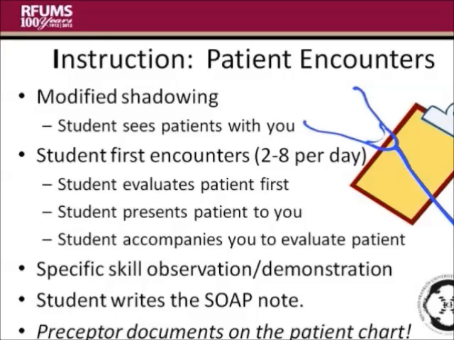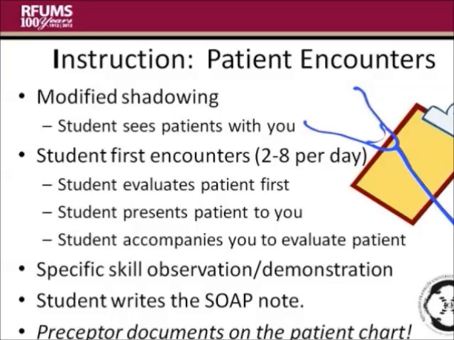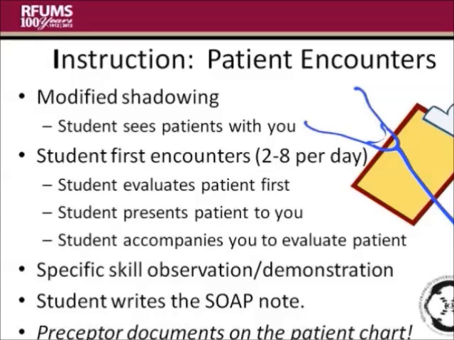So they've done it, they've presented the patient, but you had some concerns about their history taking. So now you ask them to watch you gather whatever that focused history piece was where they had difficulty. And then you can ask them to explain the difference. What was different about how I obtained the history and how you obtained the history? It can be a very good way for them to see how to do things better and do things well.